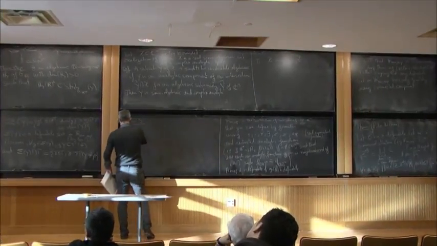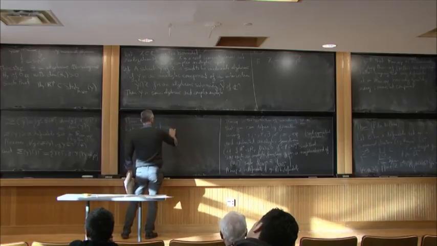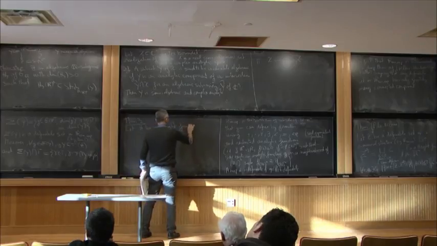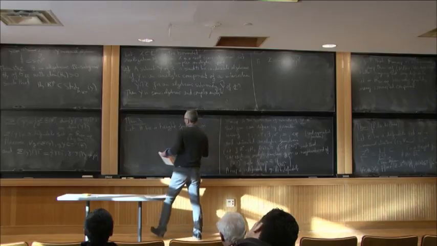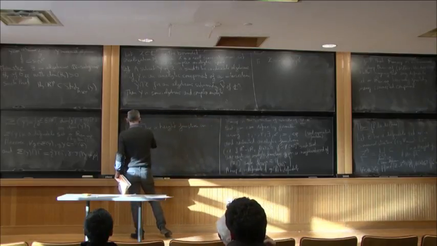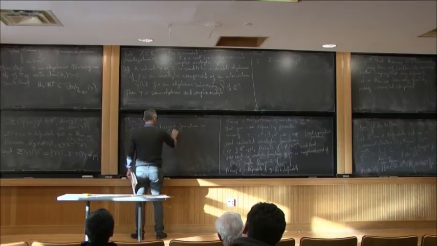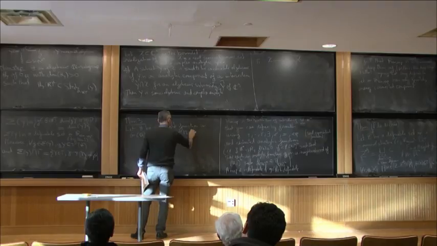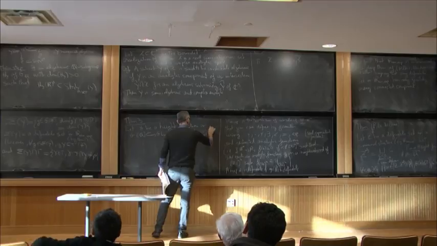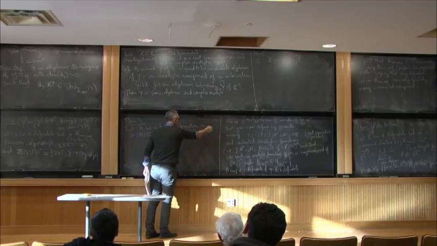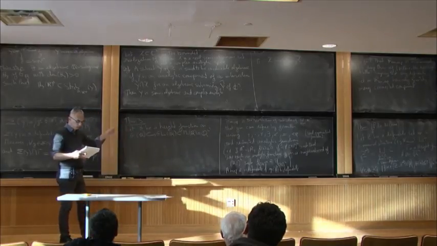So let h be a height function on G of Q, and for example, you fix an embedding in some GLn, and you take a height function component-wise on Q power n square, and you restrict it to G in some embedding, whatever.